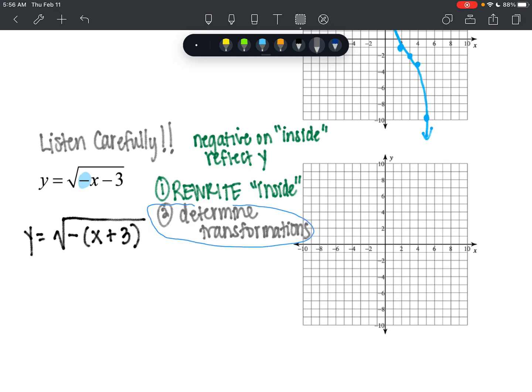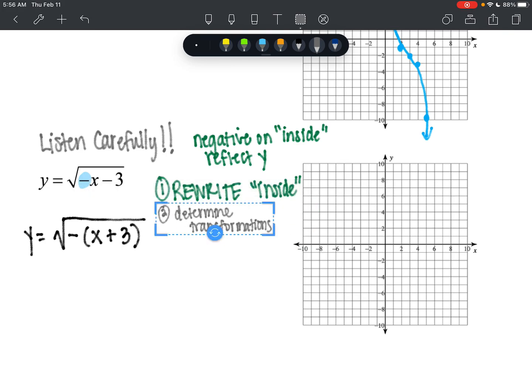Take this, I'm going to make it a little bit smaller because it's going onto my grid. So we've got to reflect over x. I'm sorry, reflect over y. Reflect over the y-axis because the negative is on the inside.